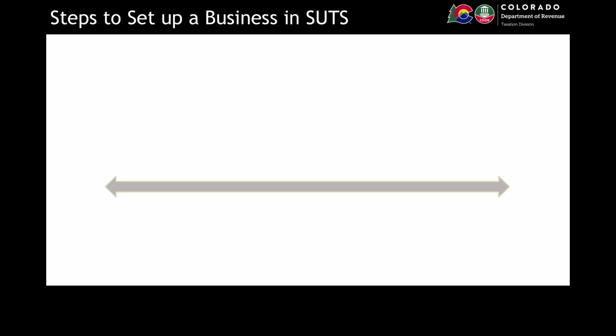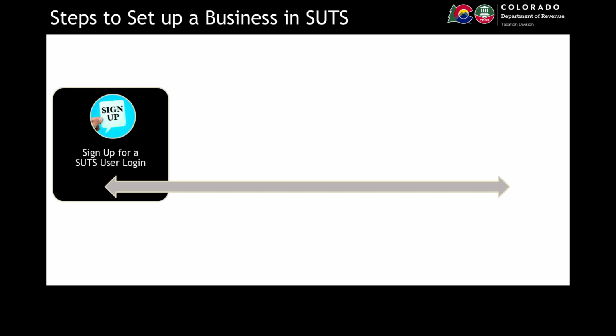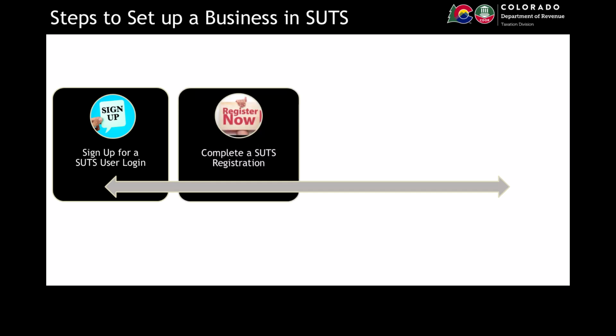Now, let's focus our attention on the 4 steps to get a business set up with a SUTS account. The first step is to sign up for a SUTS user login. Second, all businesses must complete a SUTS registration. This includes new businesses with no Colorado sales tax account and established businesses with an existing Colorado sales tax account.